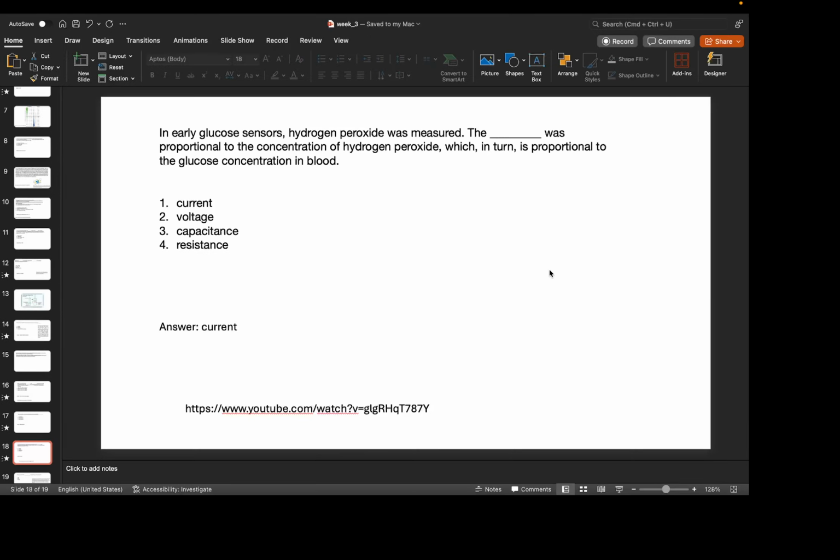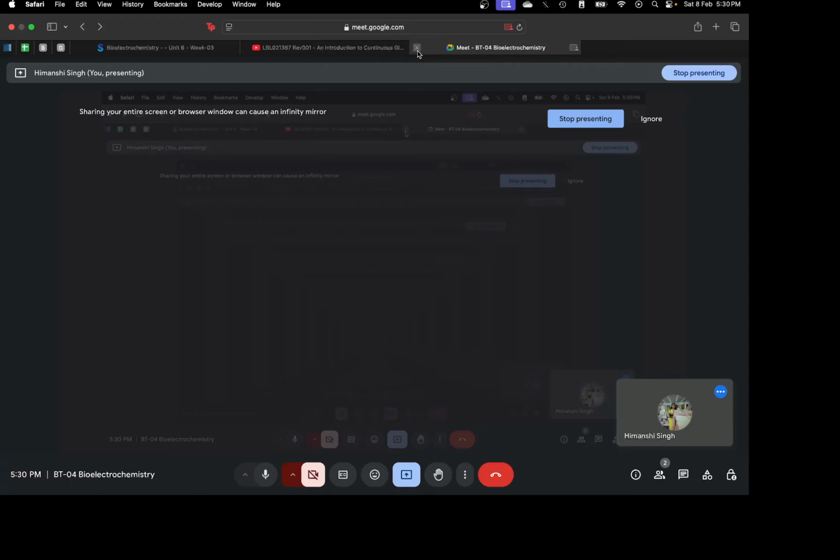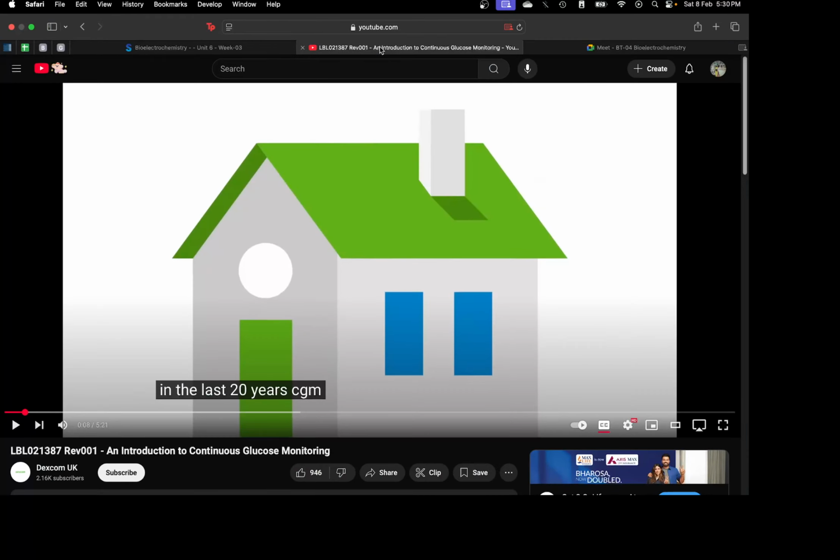Current. Now we'll see what it means. There are different types of sensors which work on the biological system, based upon the principles which we are studying right now, to work as a detector, as a sensor, or as a data collecting system.